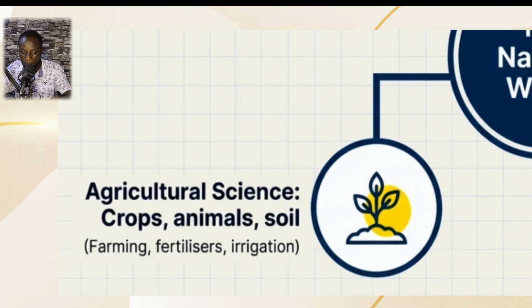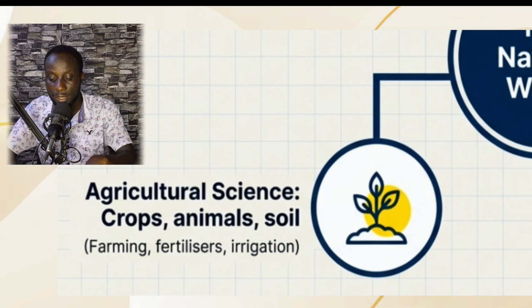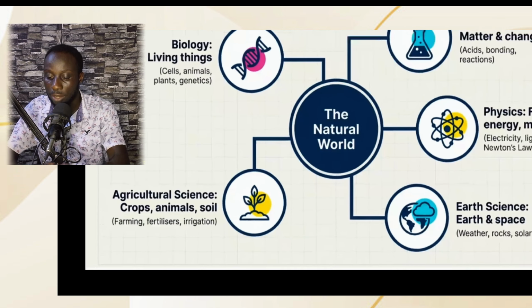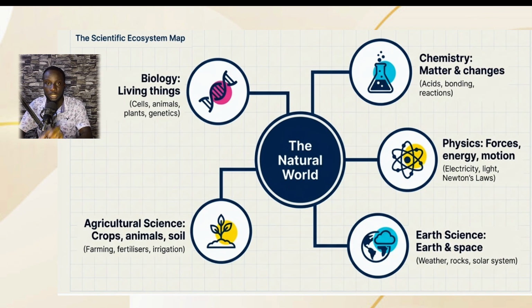So you look at farming as in animals and crops, and then fertilizers and irrigation, which apply to the soil. So that is the natural world. If you take the natural world into consideration and you are studying it, you can put it in these 5 buckets: biology, which is the living things, agricultural science, chemistry, physics, and earth science.